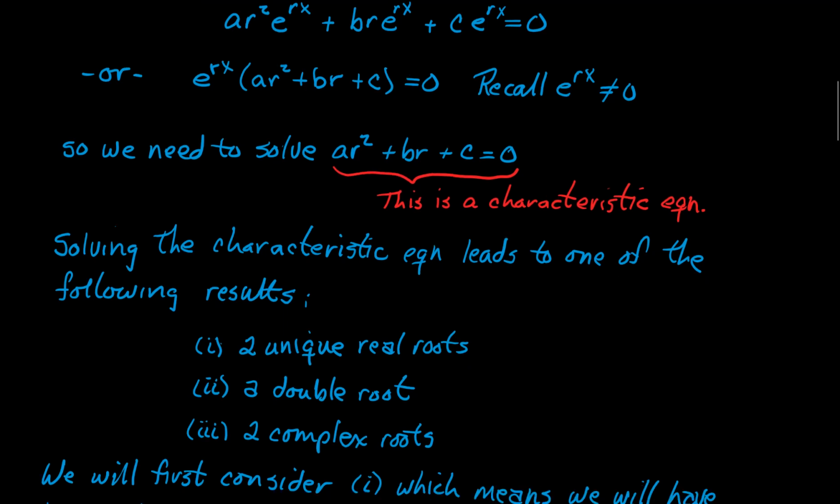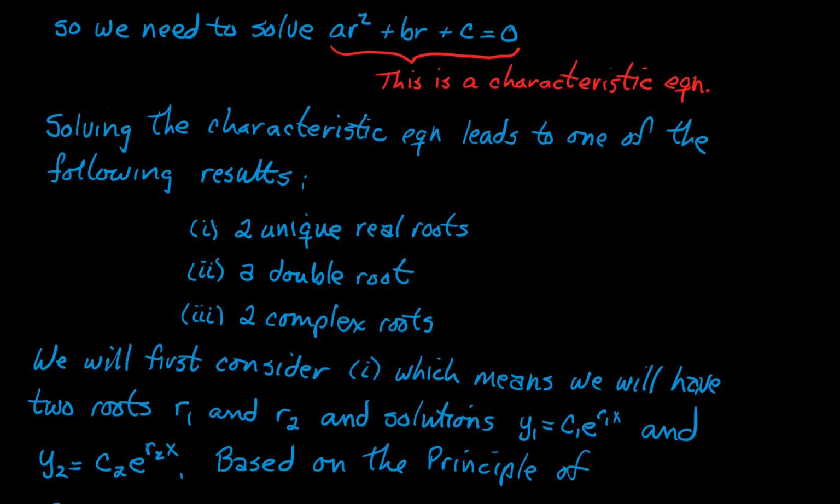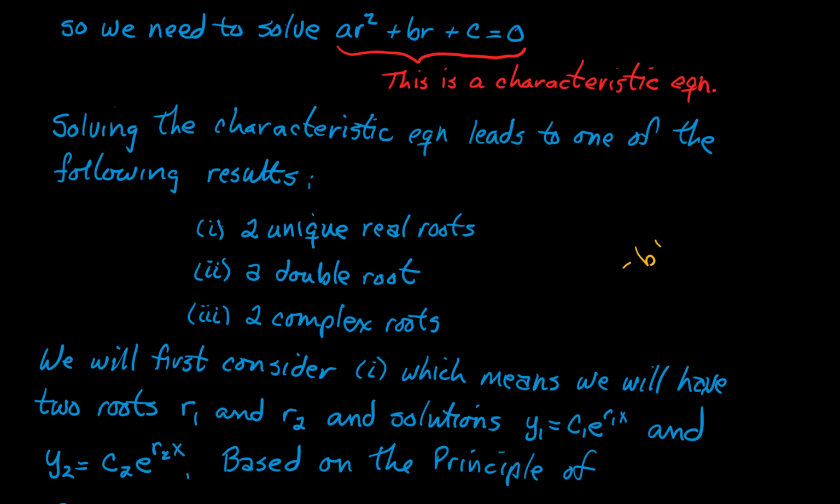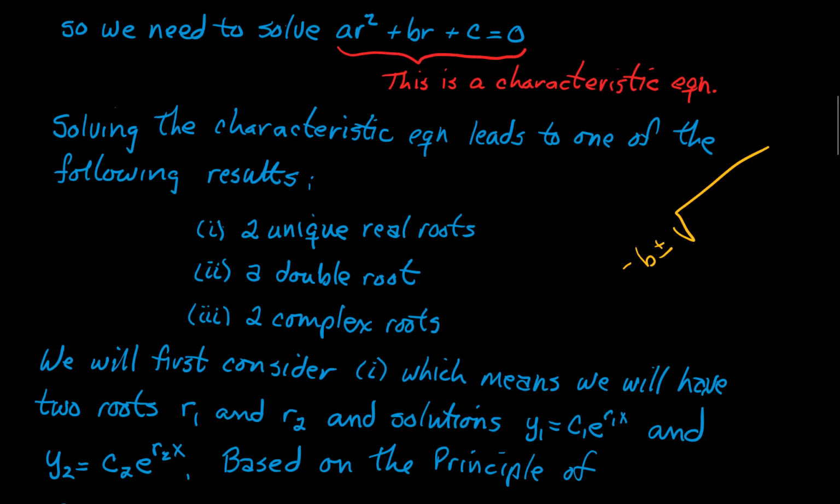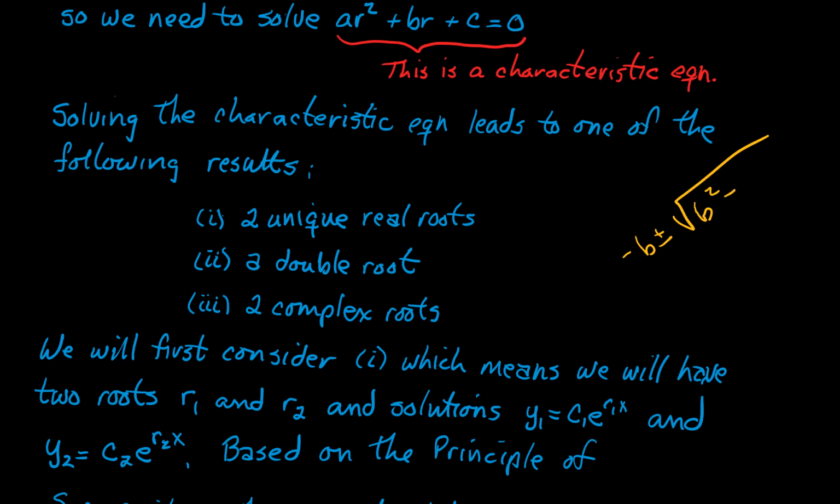You may recall back to solving quadratic equations, and with quadratic equations, there are three possible outcomes as far as the solution. You can have two unique real roots. You can wind up with a double root. Or the last thing that can happen is in the discriminant. Remember, when you're solving this, you're going to need to use the quadratic formula, which is negative b plus or minus the square root of b squared minus 4ac all over 2a.